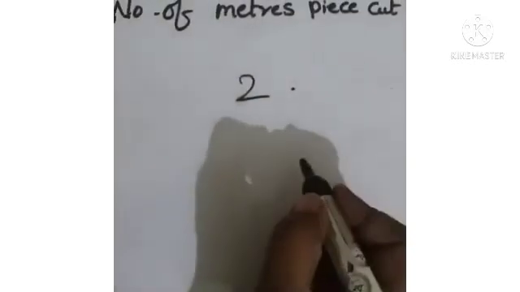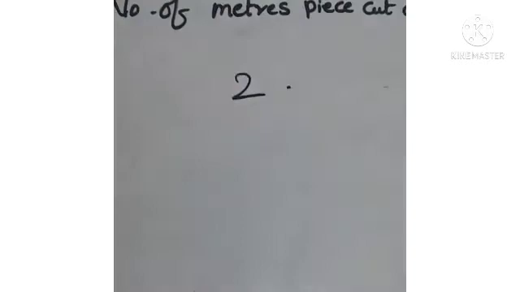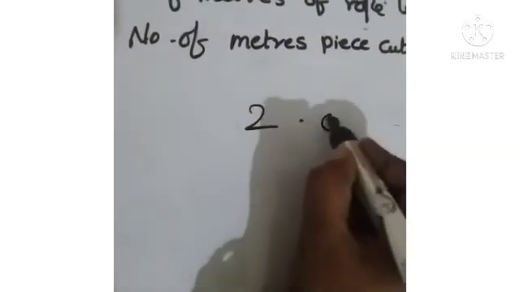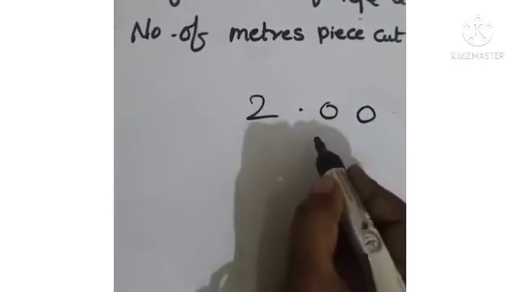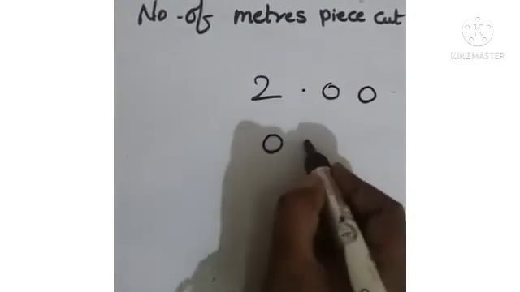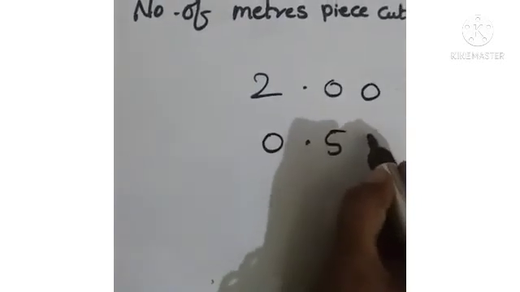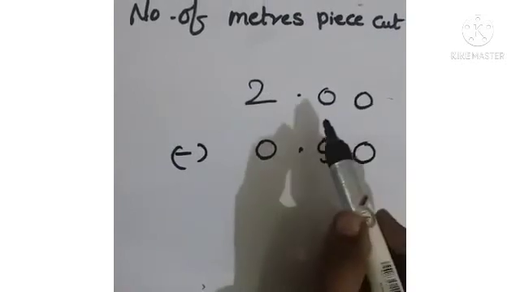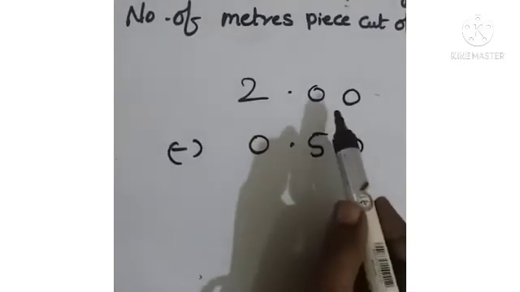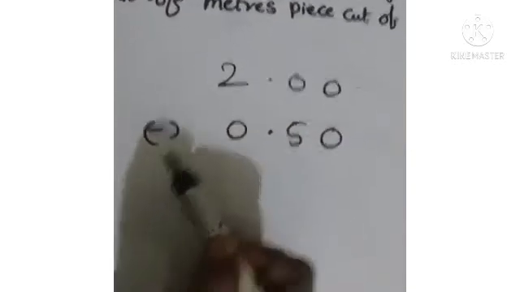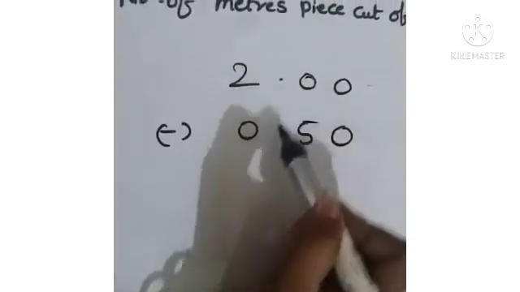So 2.00. Put 0 to fill up this gap. Next 0.5. Zeros on the right side can be omitted. This does not affect the value, so don't worry.